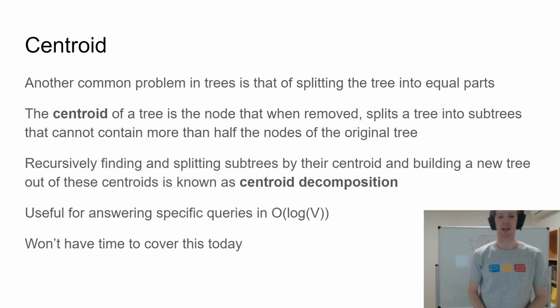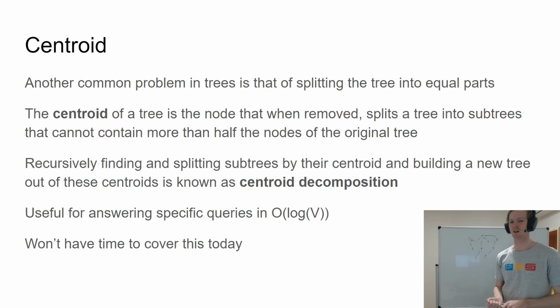Cool. Oh, and another point on centroids, they're very important for a technique on trees where you create a decomposition of the tree called a centroid decomposition, and it's useful for answering specific queries in O of log v.